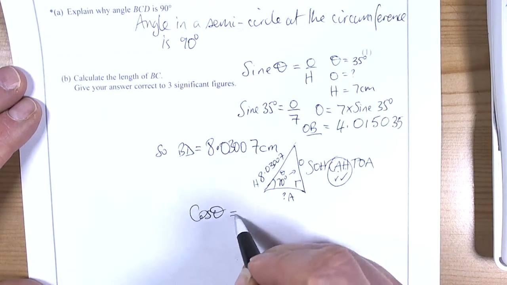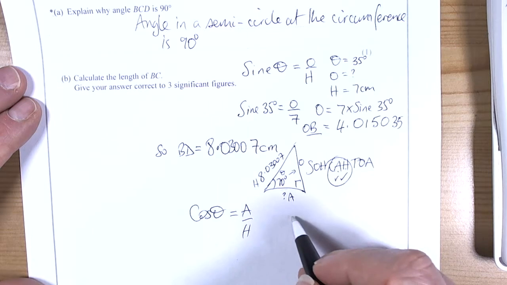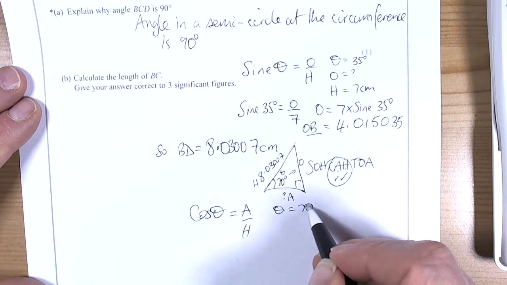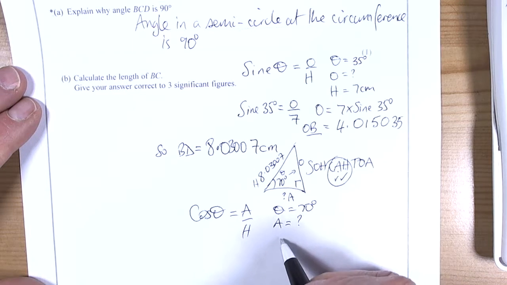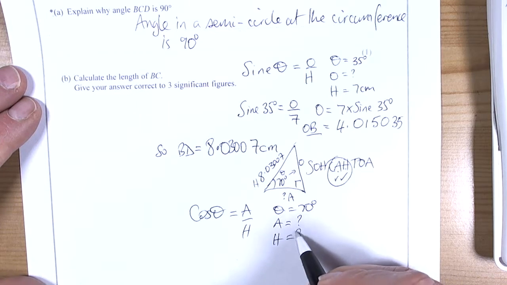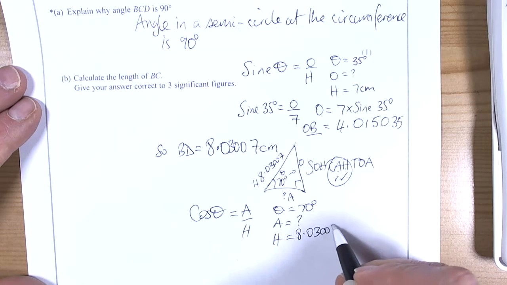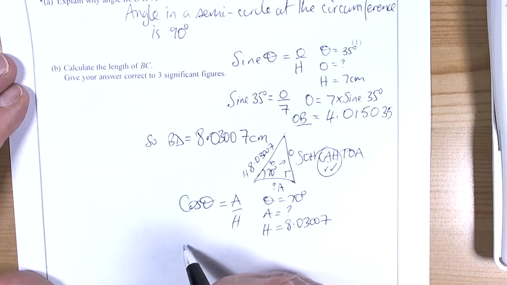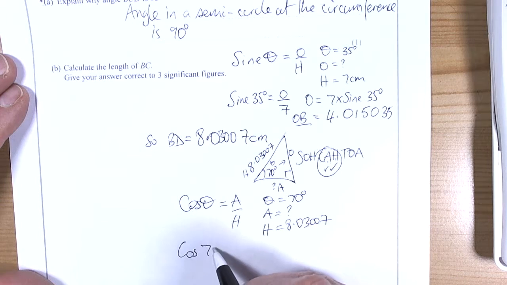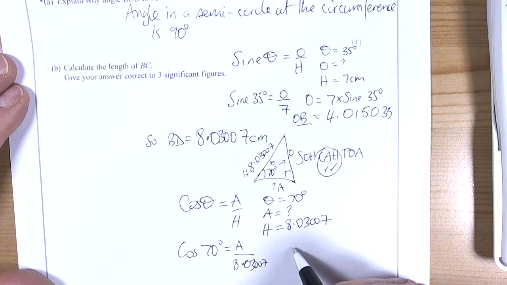So we write that down: cos theta equals A over H. We know theta is 70 degrees, we know A is our question mark, and we know H is worth 8.03007. So we fill in what we know: the cos of 70 degrees is equal to A, what we need, divided by 8.03007.